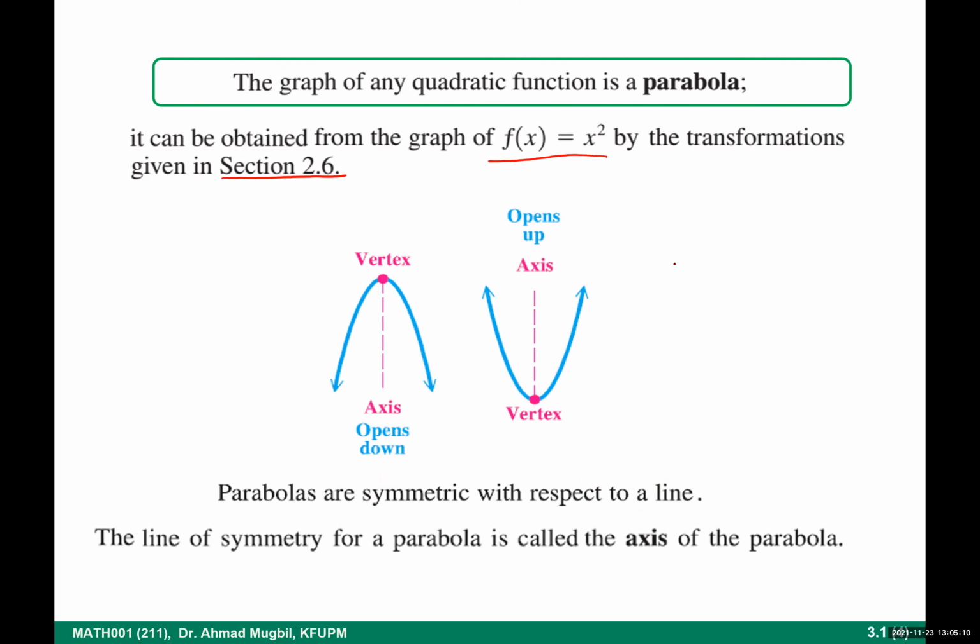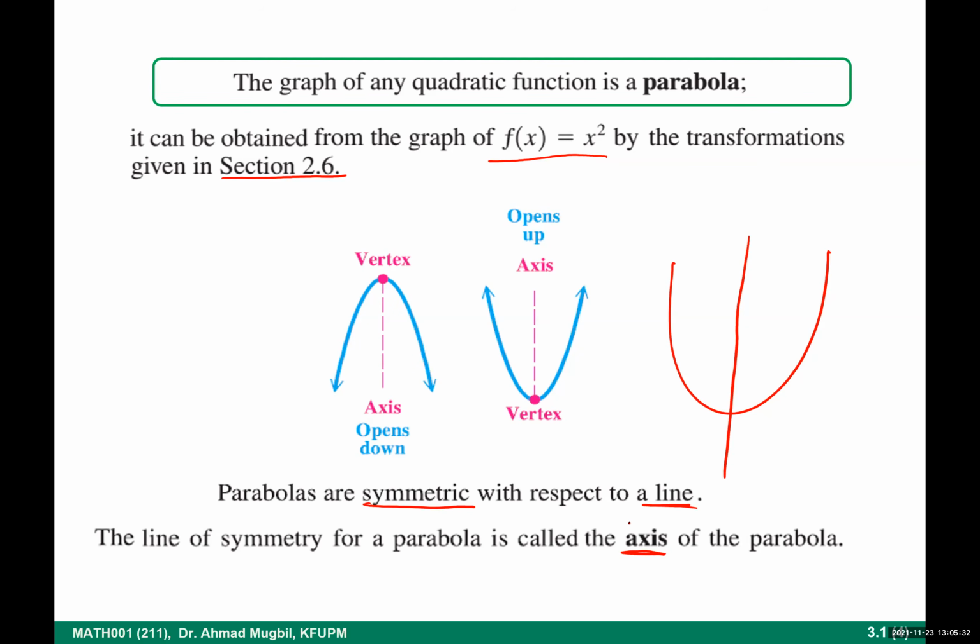Now, whenever you have a parabola, you have a line in the middle called the axis of the parabola. Here it is, the axis of symmetry. The parabolas are symmetric with respect to this line. We call it the axis of the parabola, or the axis of symmetry of the parabola.